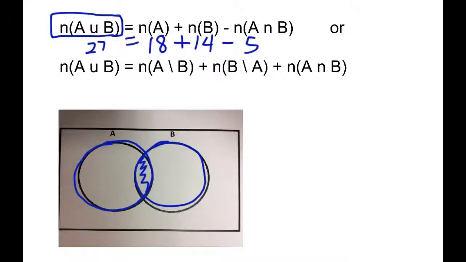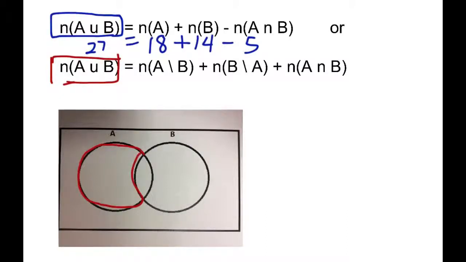The second one that's listed here is basically what we did in the red. Let's look at the diagram again. This time, in order to find the union, the other option is to take all of A without B, so all of the A circle without the B, that's the Pac-Man there, plus all of the B circle without the A, that's the other Pac-Man, and then plus the intersection.